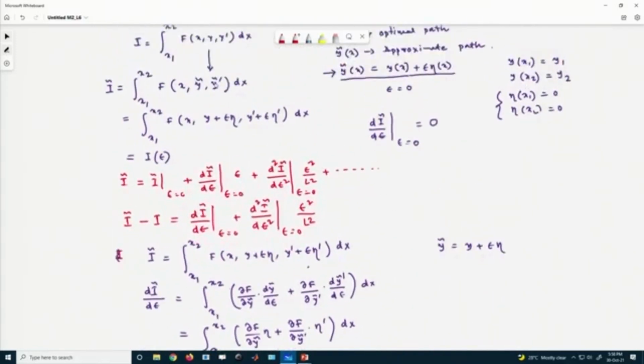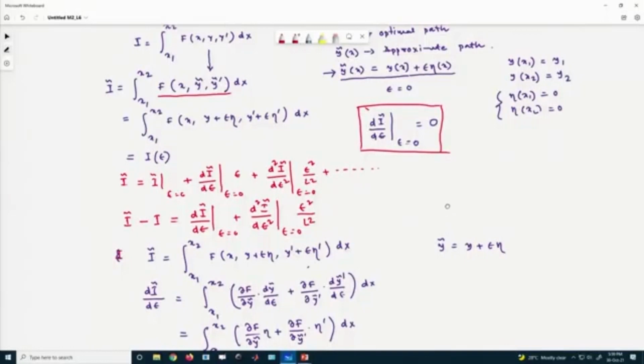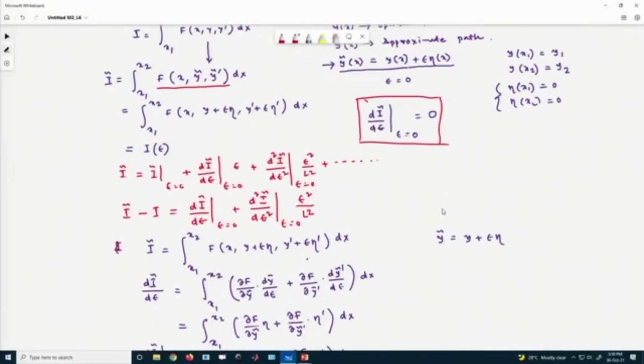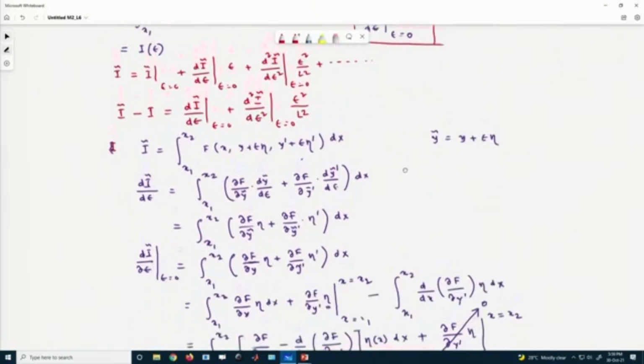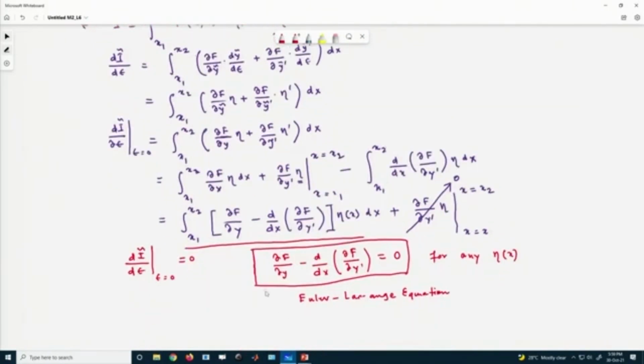I start with a very general form, which is this, and then I derive the condition, which is essentially the extremization condition. This extremization condition leads to this equation having to be 0. So this is known as the Euler-Lagrange equation. We will see its application in the next lecture. Thank you.